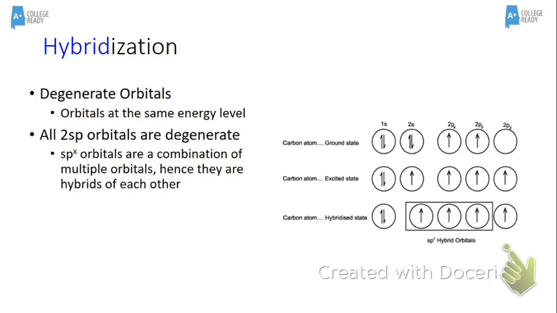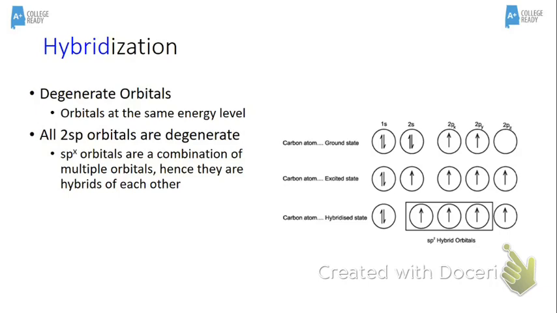And we have what's called hybridization, and we have degenerate orbitals, which are orbitals at the same energy level, which will then hybridize to form different types of bonds. So we can really count the bonds to determine what the hybridization is.